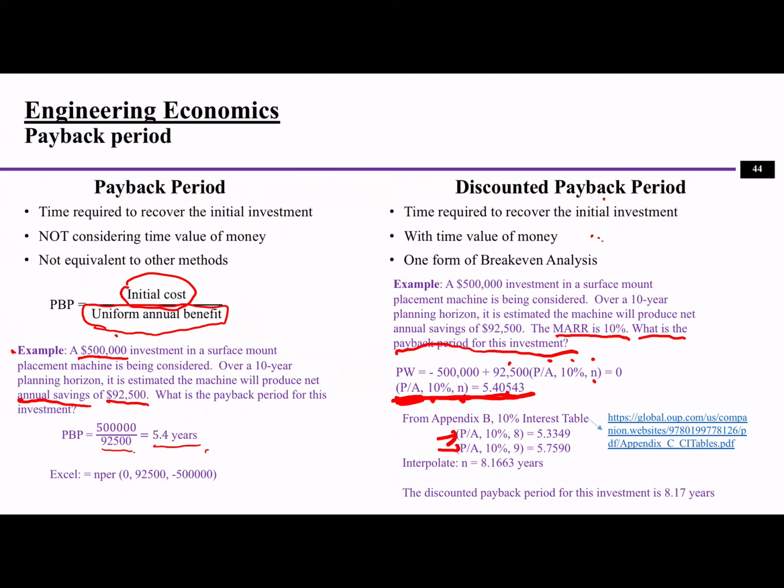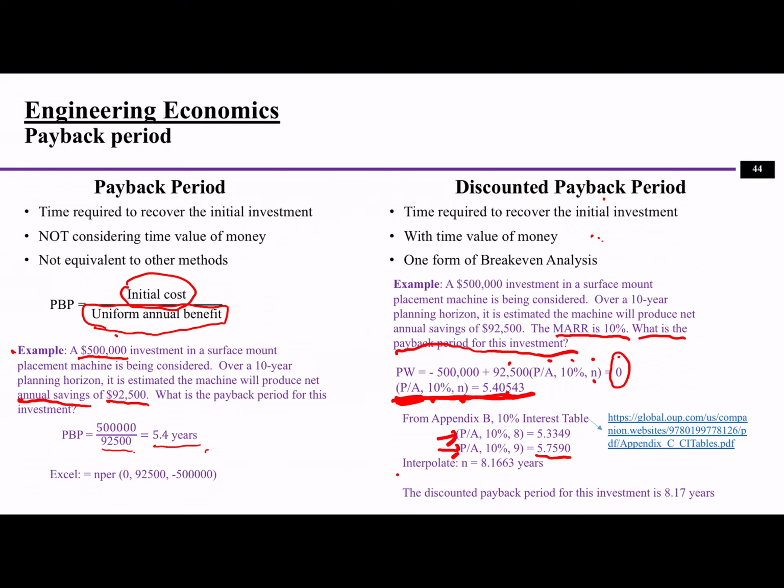From this table, you can find that with this setup, the table's value for 8 years is 5.3349, and for 9 years it is 5.7590.